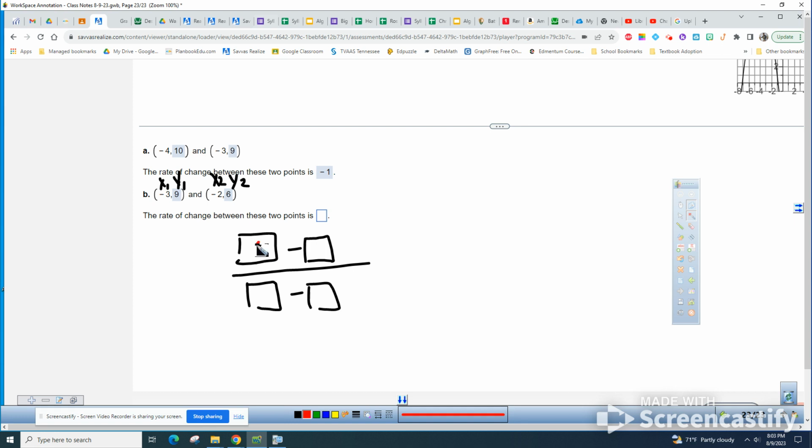So that's going to be 6 minus 9, and then negative 2 minus negative 3. You can do those in reverse order if you wanted to. You can make this one the 2's and this the 1's, but you can't mix them. 6 minus 9 is going to give me negative 3. Negative 2 plus 3 is going to give me positive 1. So that gives me negative 3 overall.